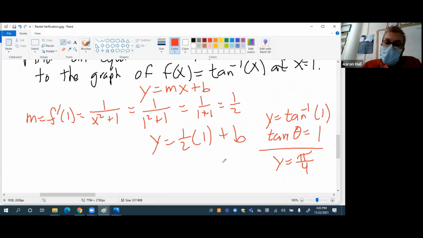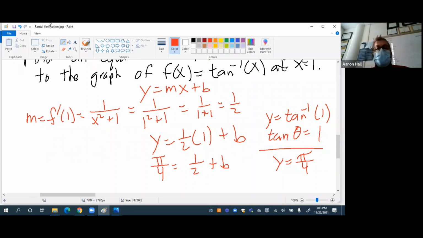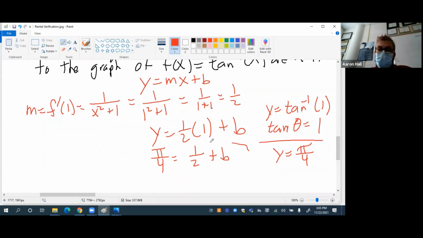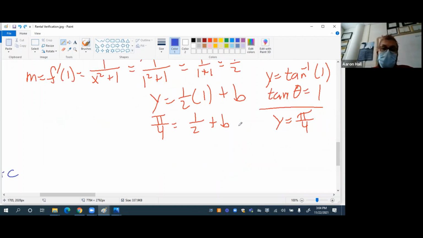Okay, so now we know what our y is. So I have pi fourths equals 1/2 plus b. Now what? How do we solve for b? Right, subtract 1/2 from both sides.